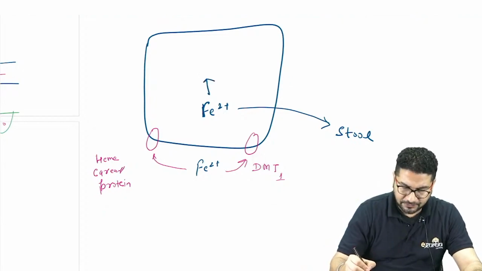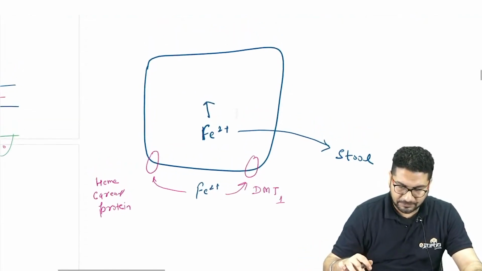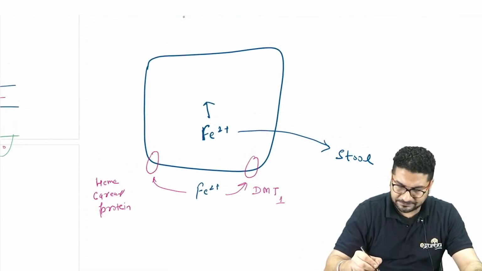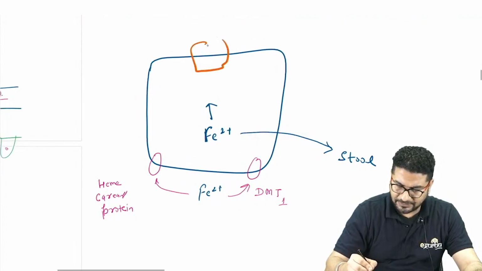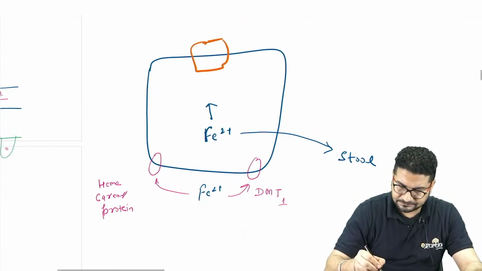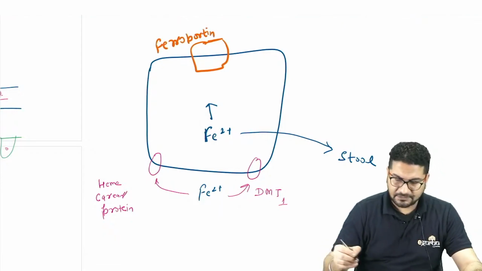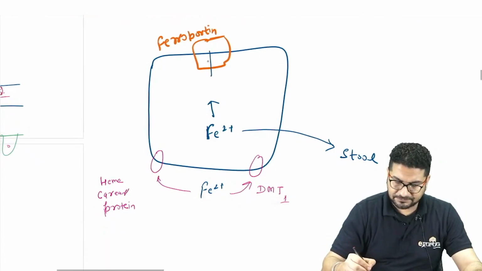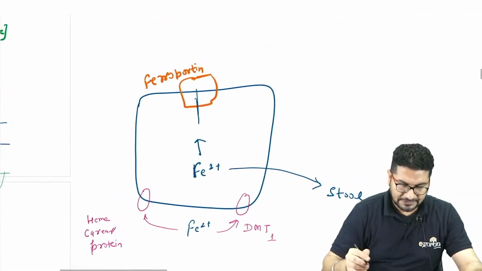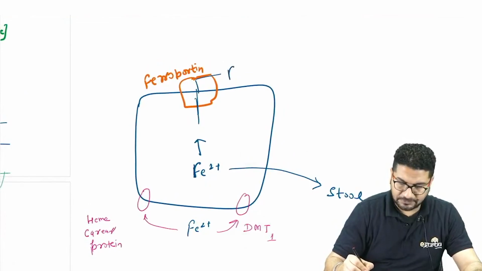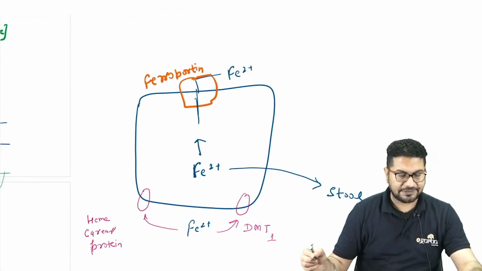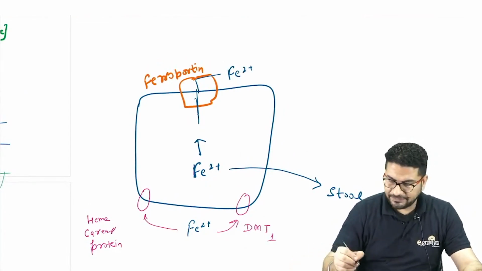Or usually this Fe2+ comes out with the help of ferroportin. This is your ferroportin. Right? With the help of ferroportin, this Fe2+ will come out.